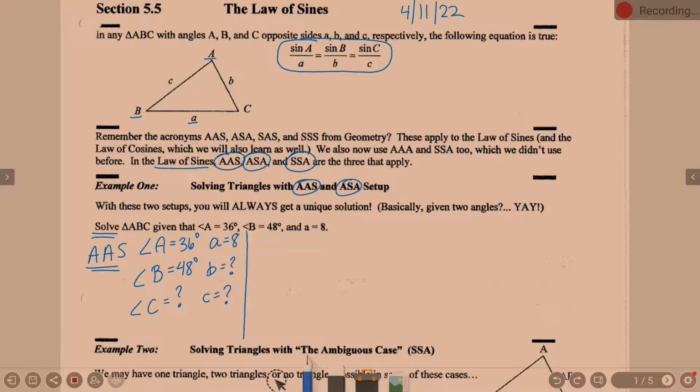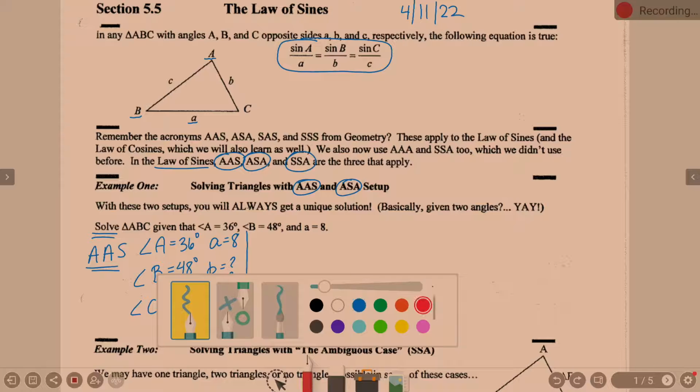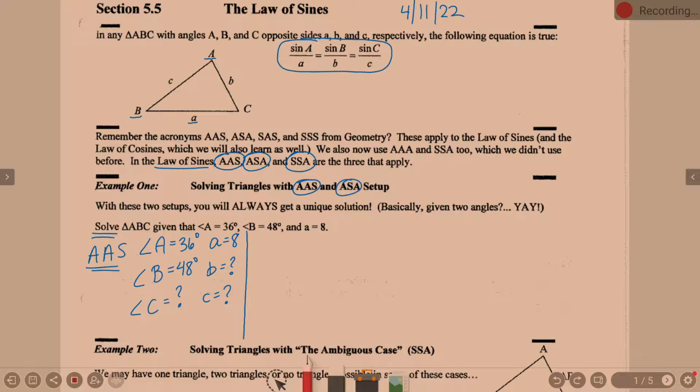Thoughts on where we can start? Could you add 48 and 36 and subtract whatever that equals from 180? Yeah. All 3 angles in a triangle always add up to 180, yes? So angle A plus angle B plus angle C equals 180 degrees, right?